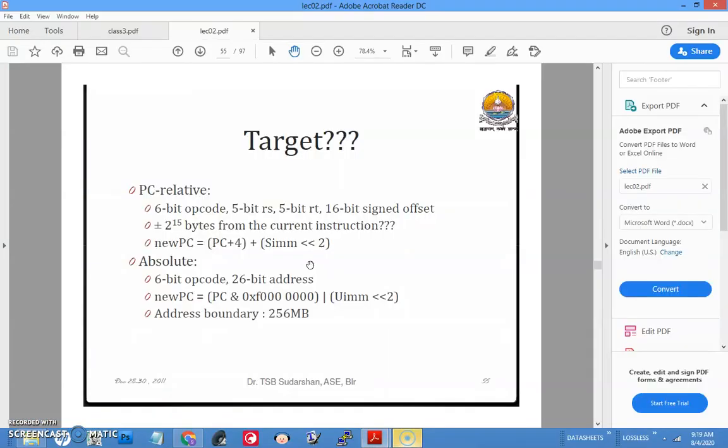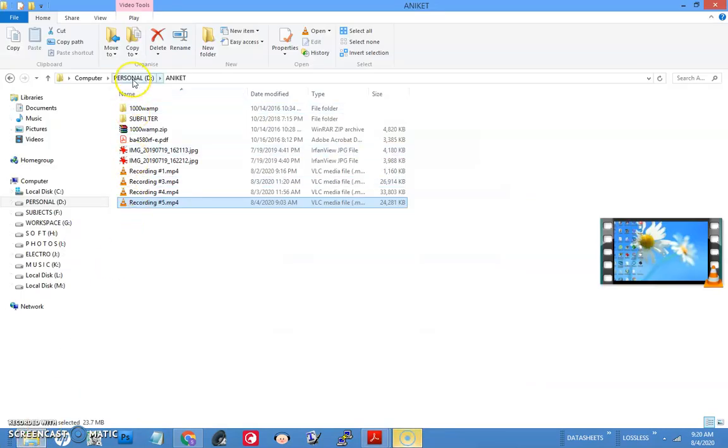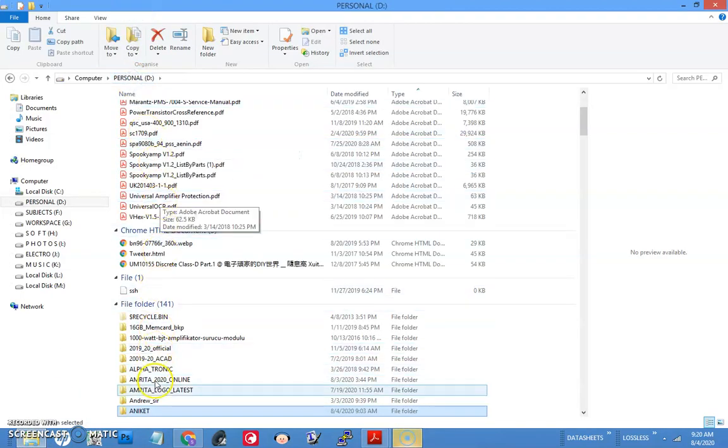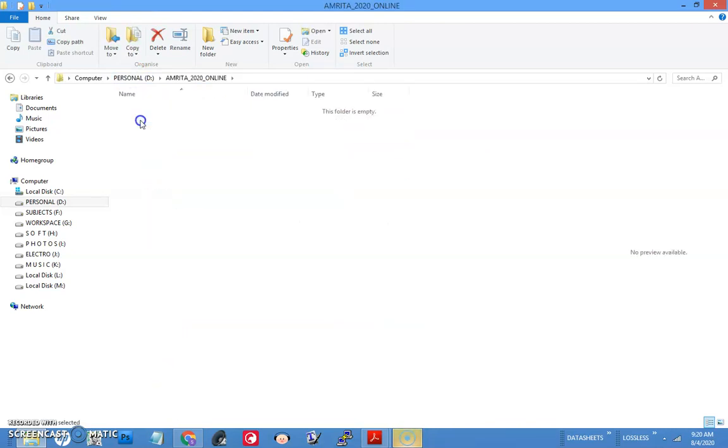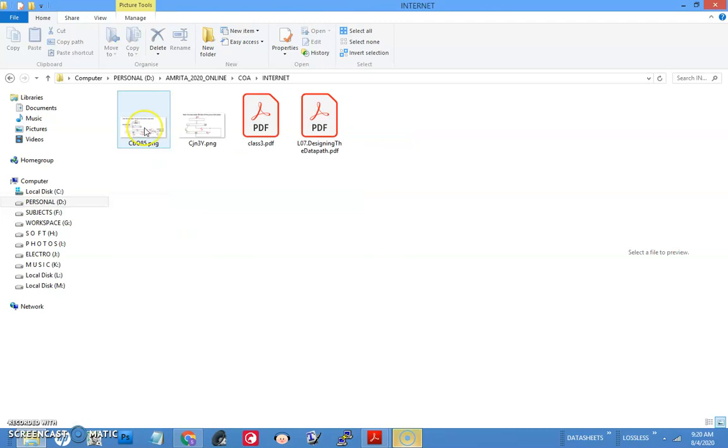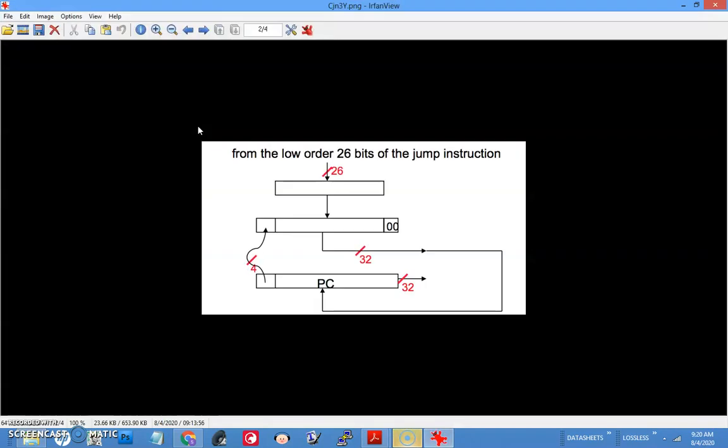So first let us see how this is working. From the lower order 26 bits of the MIPS instruction, we left shift by 2. That means we add 2 zeros here.